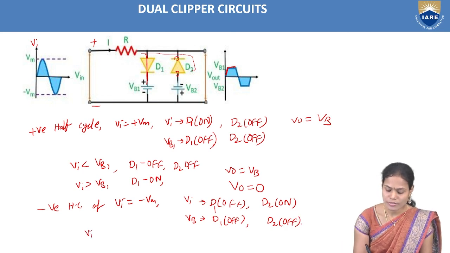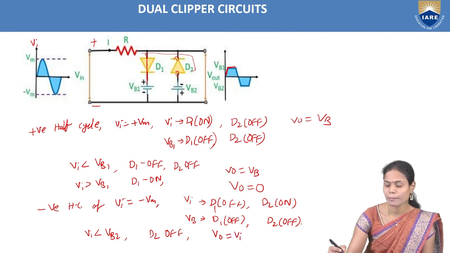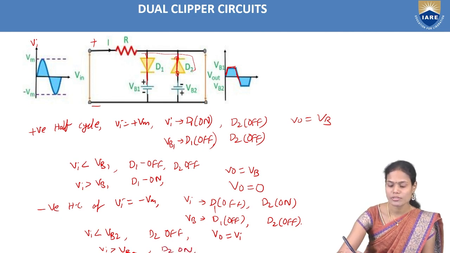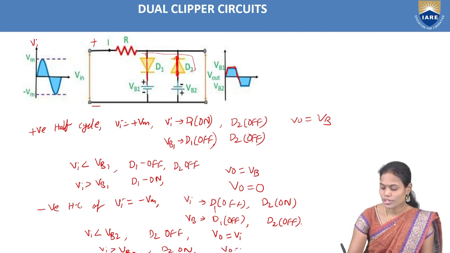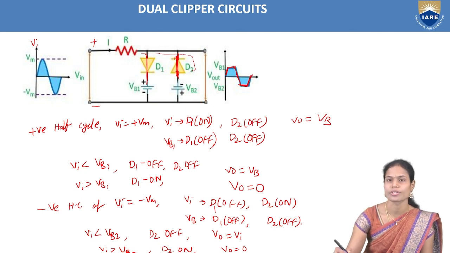So once my input voltage is less than the battery voltage, D2 is totally in off state, so the output voltage is nothing but my input voltage. And if my input voltage is greater than the battery voltage, at that time D2 is in on state. Once D2 is in on state, there is no signal here, so the output voltage is 0. It will reach 0 here.